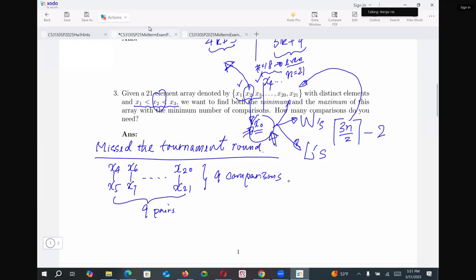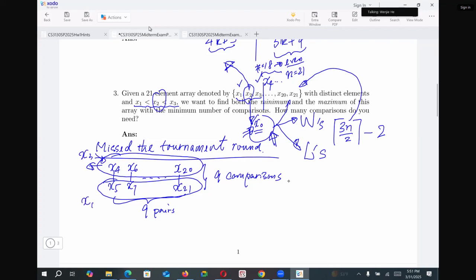Some students missed this 9 comparison this round. They directly gave me the winners group, because they know x3 should join the winners group, okay?